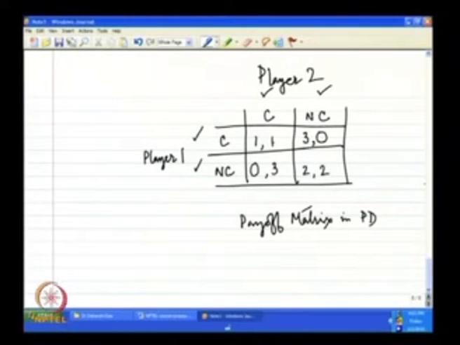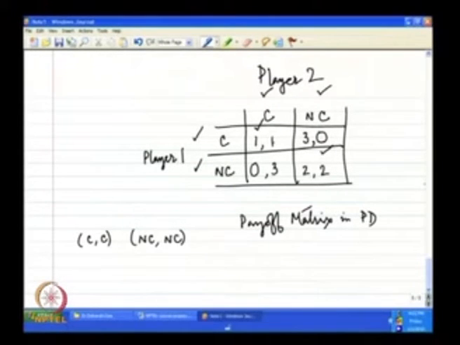A little bit of observation into this payoff matrix will be very helpful. Firstly, if I compare these two outcomes, these two action profiles of CC and NCNC, which is basically this and this, what do I find?